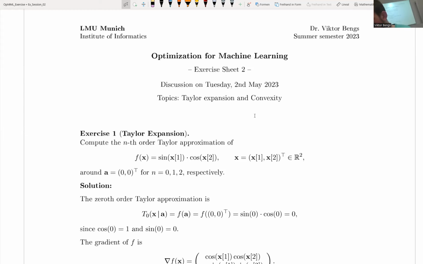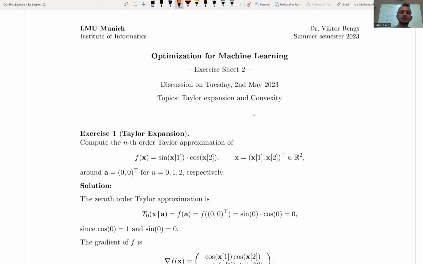And the function we pick here is this beautiful product function of sine and cosine, where we apply the sine on the first component of our vector and then multiply it with the cosine of the second component of our vector. So it's a two-dimensional function.